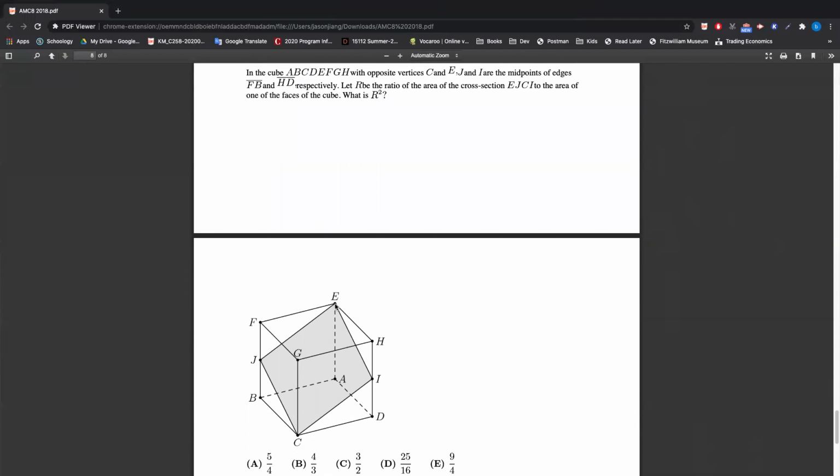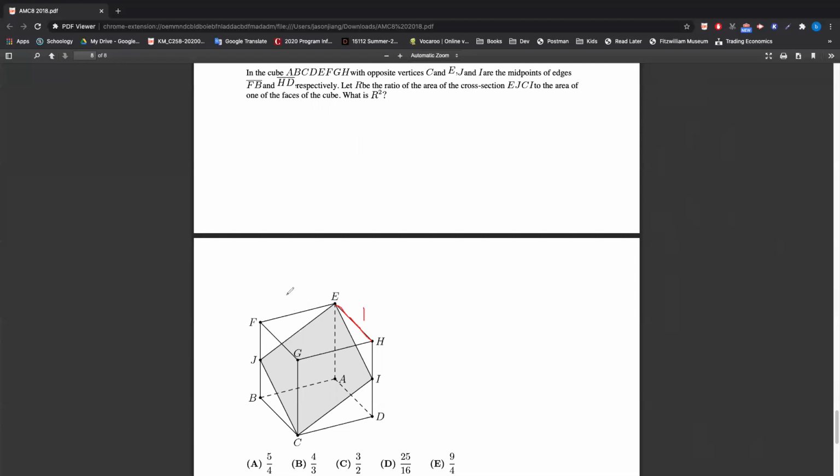Let's call EH 1. So the area of a face is just going to be 1. Basically we've made it so we just have to find the area of this square, and we don't have to worry about the division at the end.